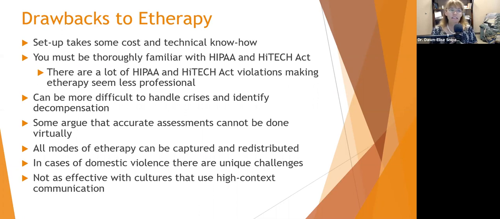That is an ethical dilemma we're going to continue to face. What does it take in order to do an accurate assessment with someone? What would that have to look like?